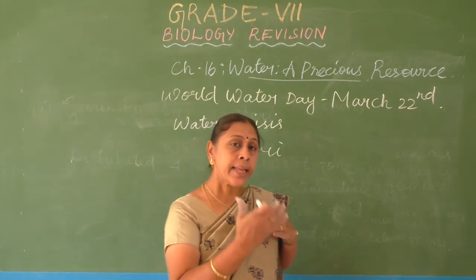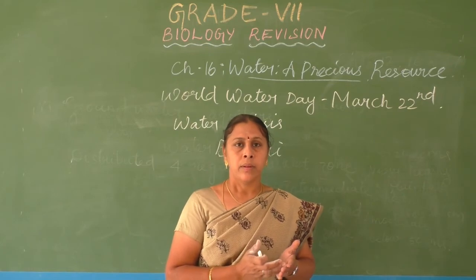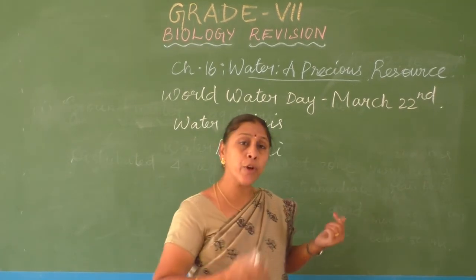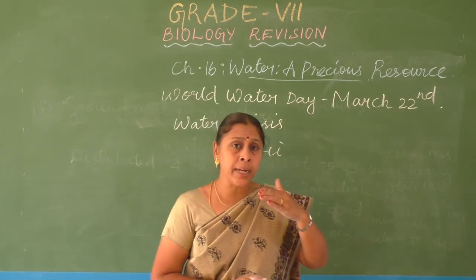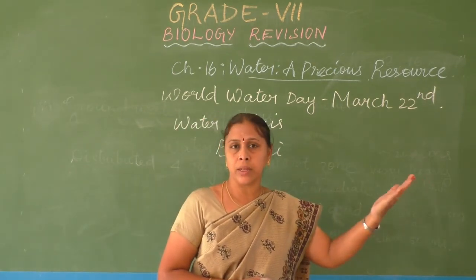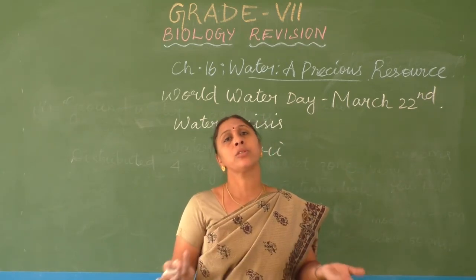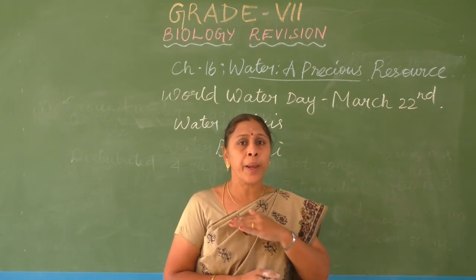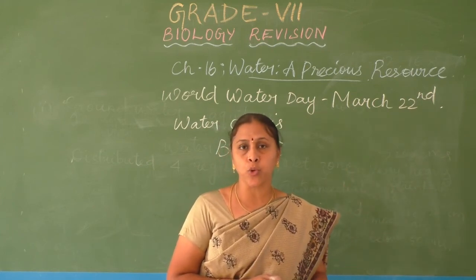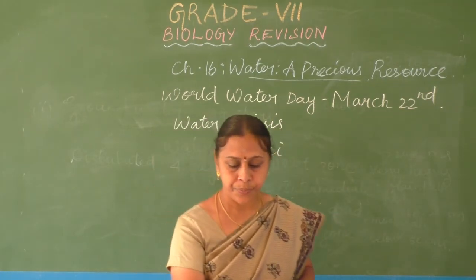That means they will dig the earth to store rainwater for future use. So like this, some steps must be taken. Nowadays also ponds and lakes are there, but they are not maintained properly and we are not able to store the rainwater. So those systems should be maintained well for the future use, or else it will lead to water crisis.